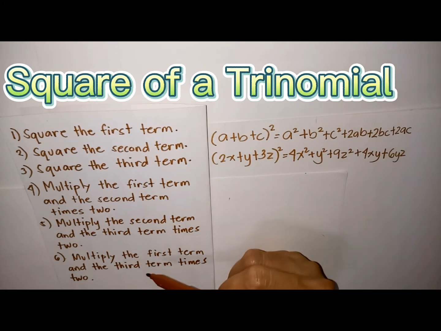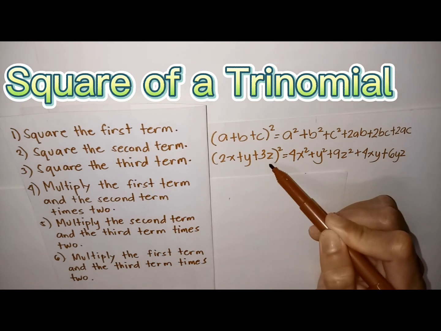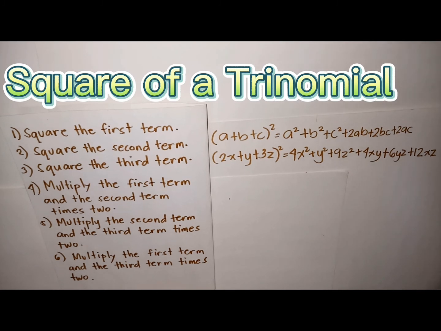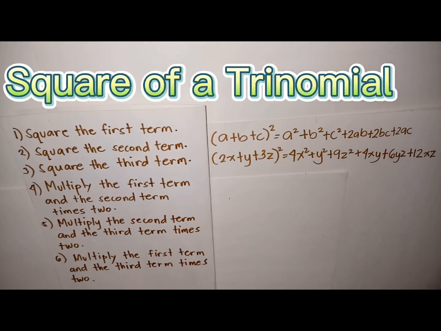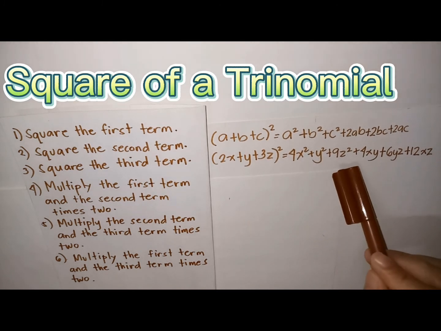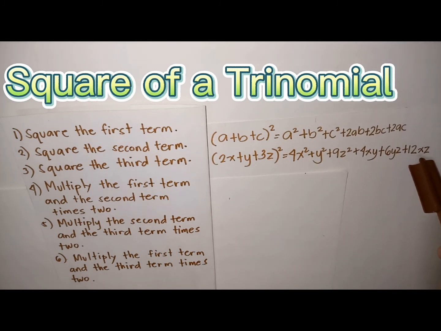And for our last term, for the sixth step, we have to multiply the first term and the third term times 2. So our first term is 2x times 3z, that is 6xz times 2. So we have here 12xz. So we have our answer: 4x squared plus y squared plus 9z squared plus 4xy plus 6yz plus 12xz.